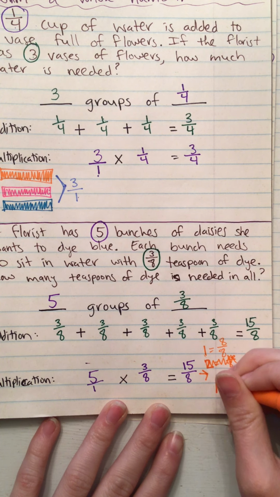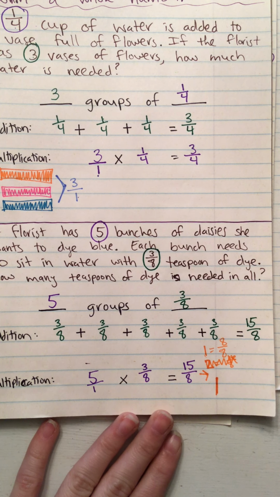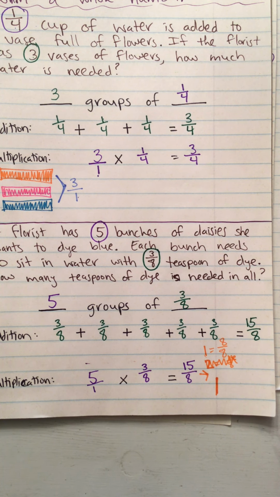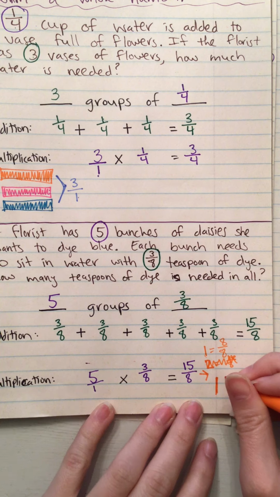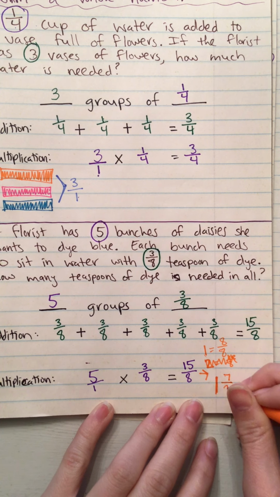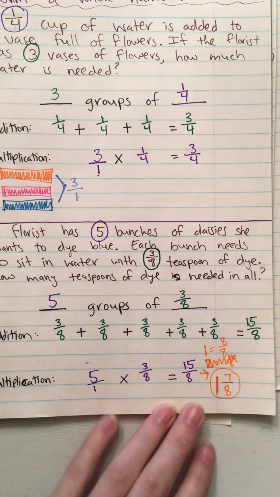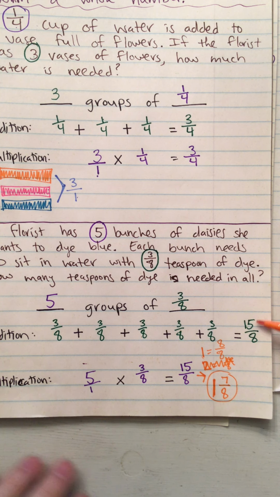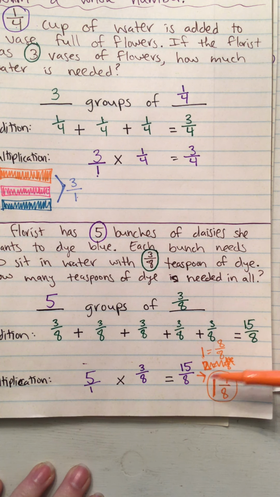So it's just going to be 1 whole. But now I have to count what's left over between 15 and 8. Okay, I have to figure out, well, 15 minus 8, which is 7, and I keep my denominator the same. Okay, so same with my addition and multiplication. I got 15/8, but I can never leave it as improper. I have to fix it, okay?